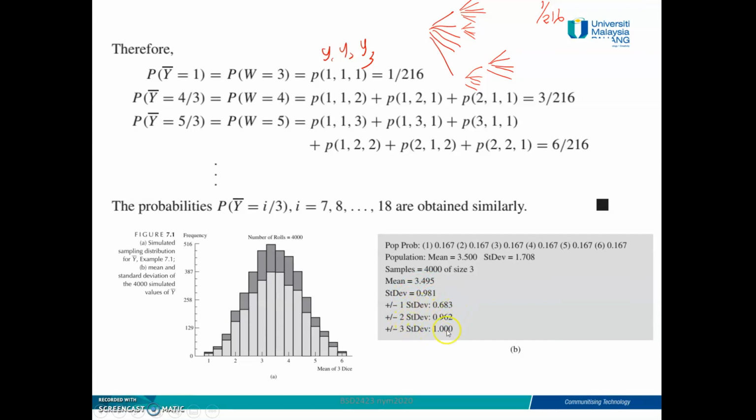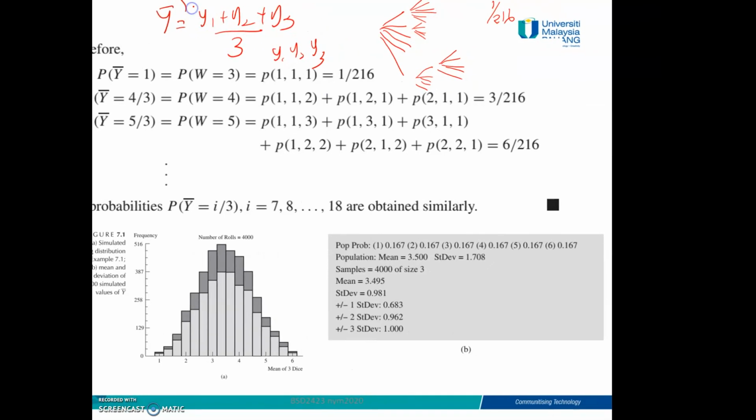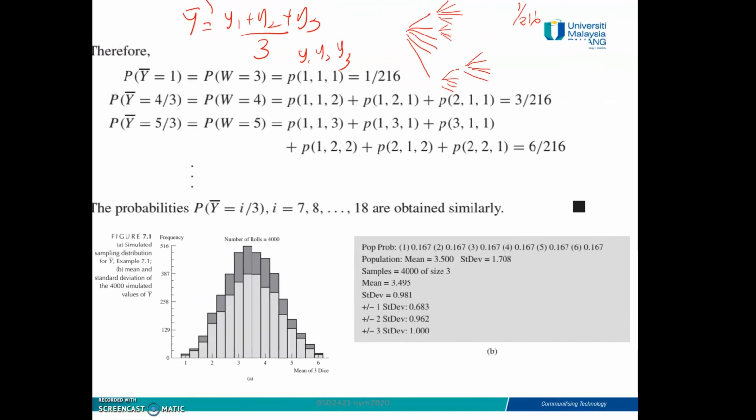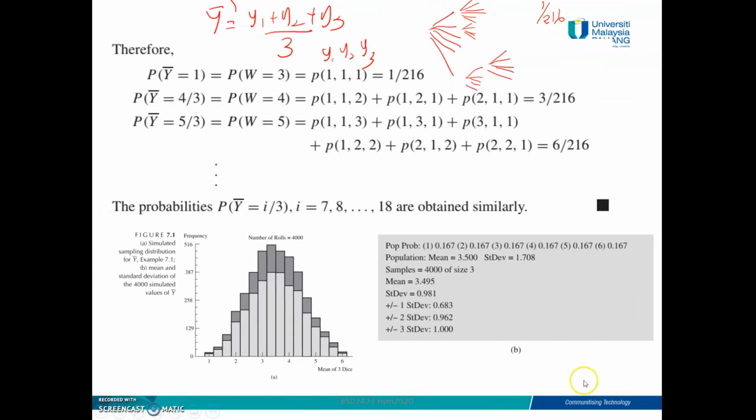Here you should understand that y bar equals y1 plus y2 plus y3 over 3. This y bar we repeat 4,000 times, then you get this mean, so this is actually mu for y bar, and this is the standard deviation for y bar.